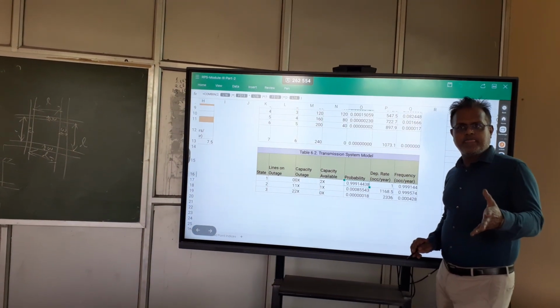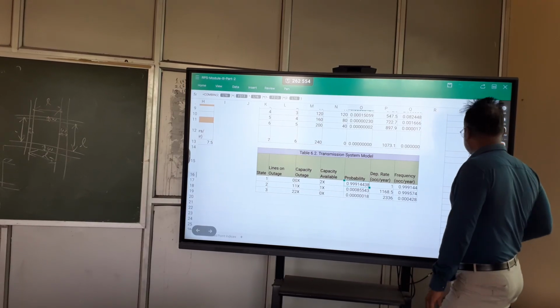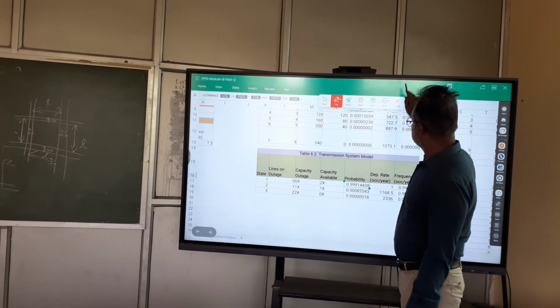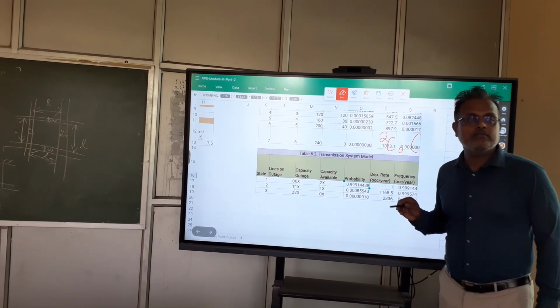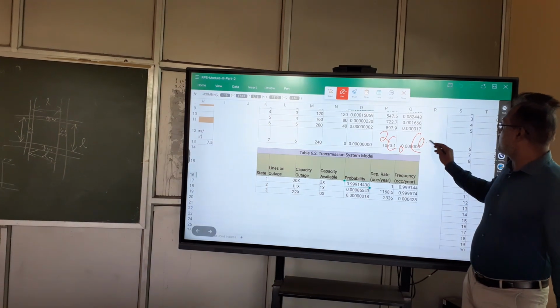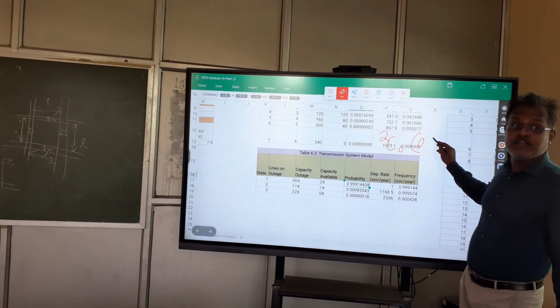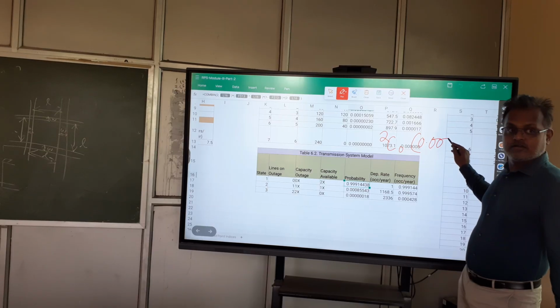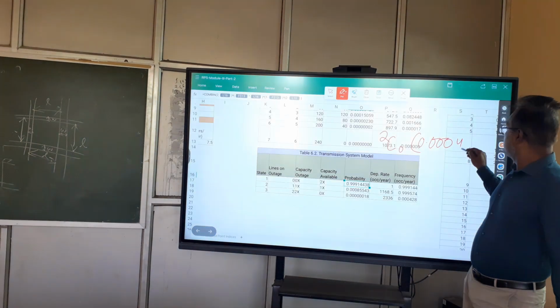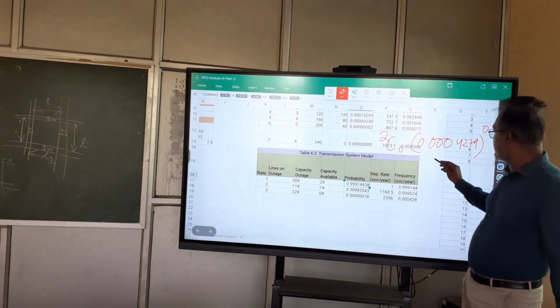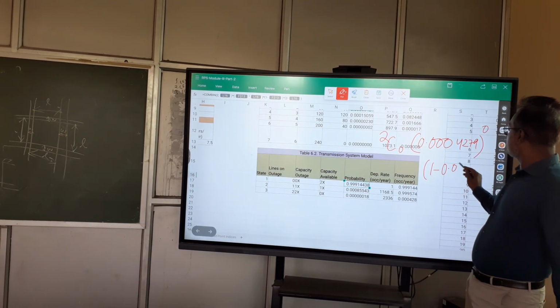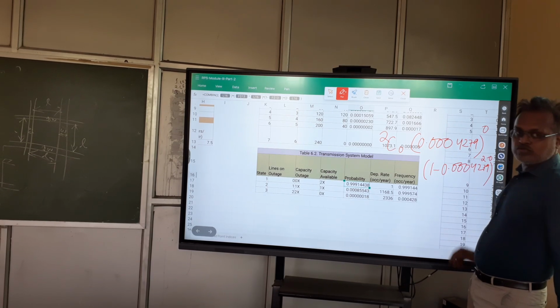Same formula. But in this case, you are going to use 2C0. What is the transmission failure? U for transmission failure is 0.0004279. To the power 0, because no transmission is out for the first case, into 1 minus 0.0004279 to the power 2, squared, since there are 2 transmission lines.